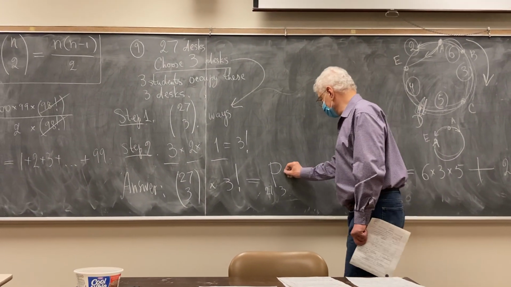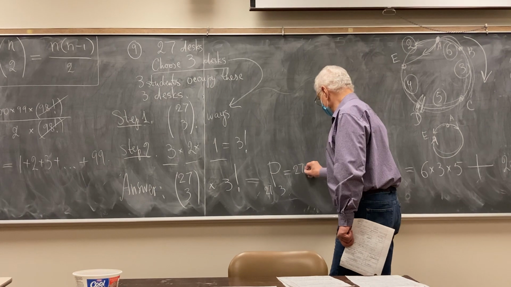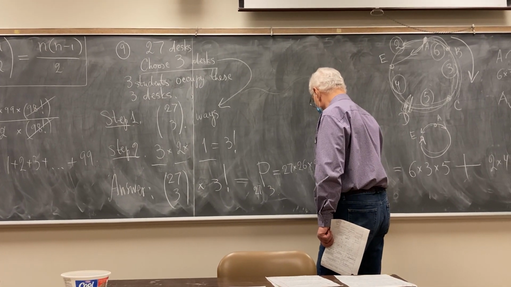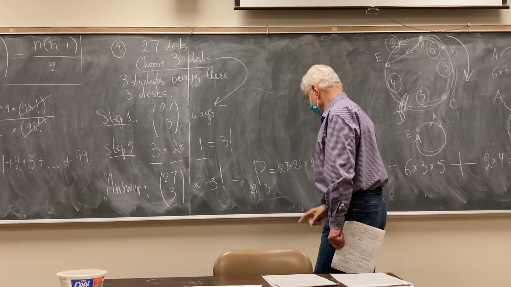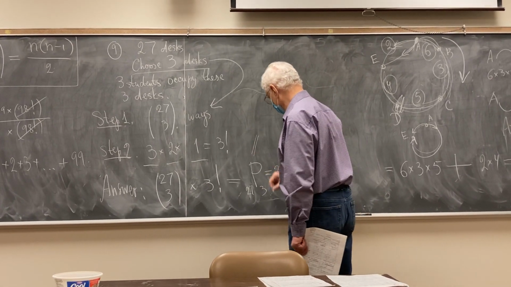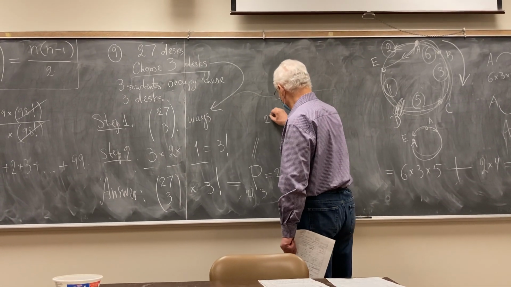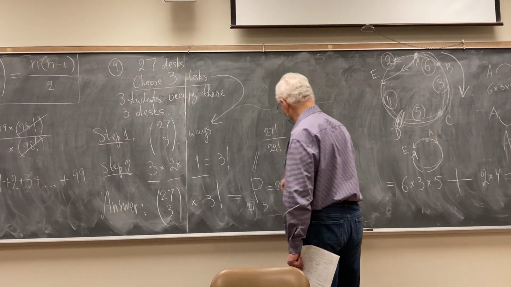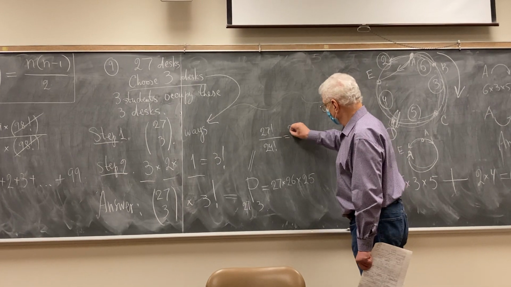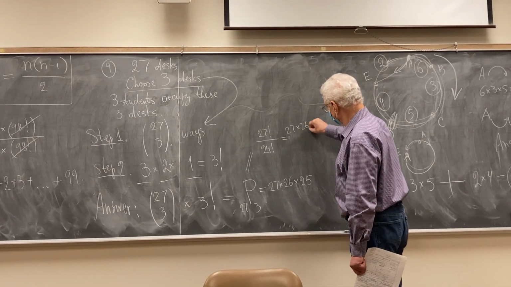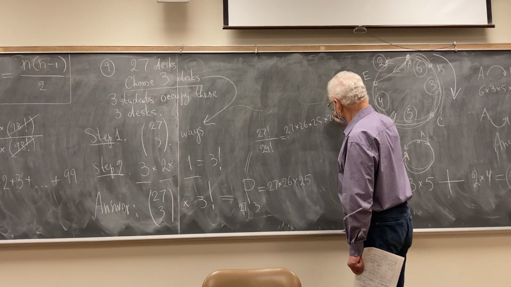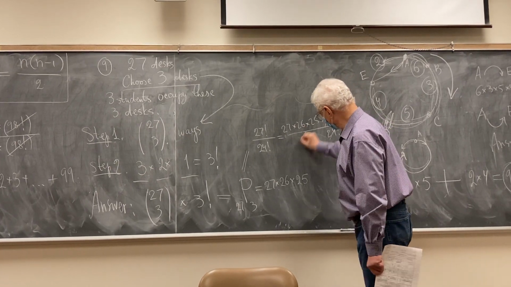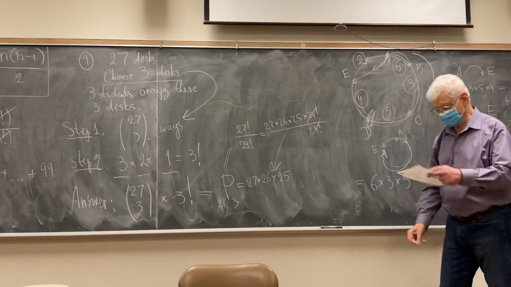So 27 choose 3 means 27 times 26 times 25. How come? Because this one is 27 factorial over 24 factorial: 27, 26, 25 times 24 factorial, divided by 24 factorial, cancels out, and you get exactly this product.